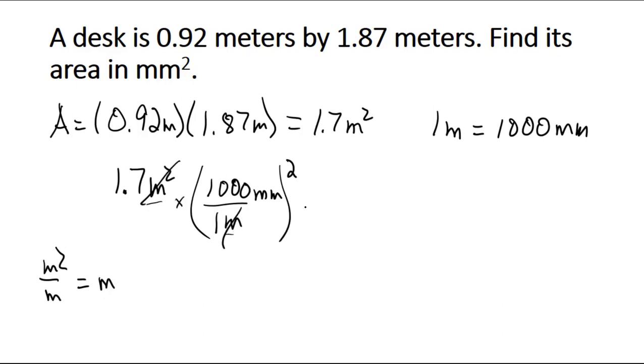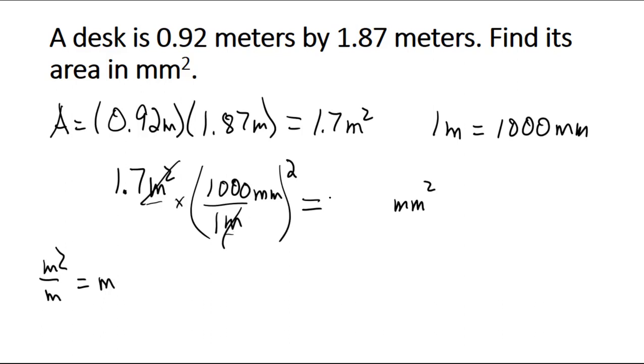Those will divide out. And the units I'll be left with are millimeters squared, and the way we write that is mm squared. And it's understood the first m refers to milli, the second refers to meters, so it's a millimeter squared.